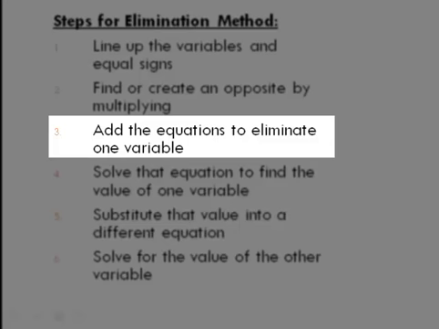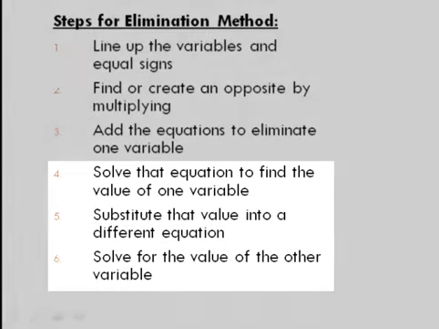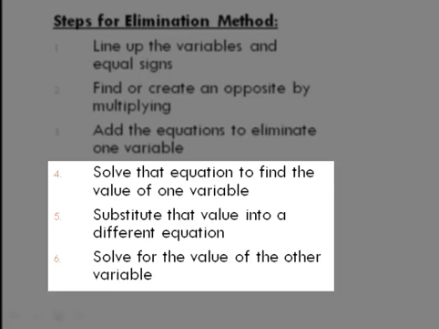So make sure that step 2 has been done before you proceed to step 3. Then steps 4, 5, and 6 are actually just like the final steps for the substitution method. Once we've got an equation that has one variable in it, you'll solve that equation, you'll make a substitution, and then you'll solve that equation for the other variable.